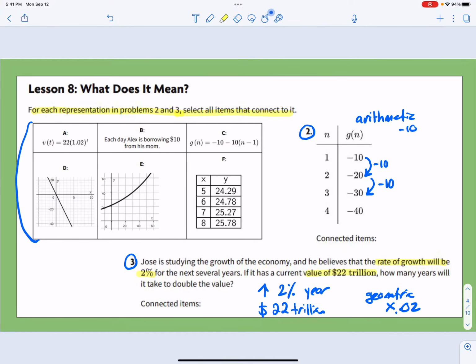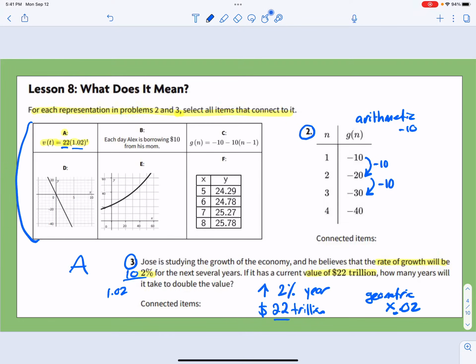For A, I'm multiplying 22 by 1.02 to the t. That 22 seems to match with our 22 trillion. 1.02 would be like multiplying by 102%. We know that our rate is 2%, so for 102%, that would become 1.02. So A seems to go with number 3.